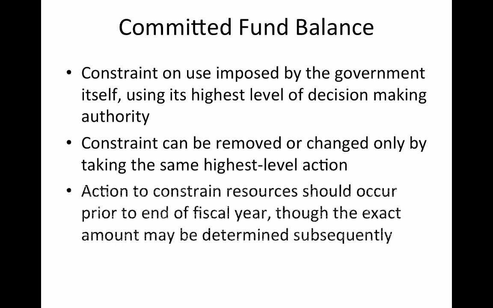Committed fund balance is legally limited to being used for a particular purpose, but that legal limitation is imposed by the government itself using its highest level of decision-making authority, and as long as that imposition remains, it has to use those resources for those purposes unless it uses that same highest level of decision-making authority to change or remove the constraint.